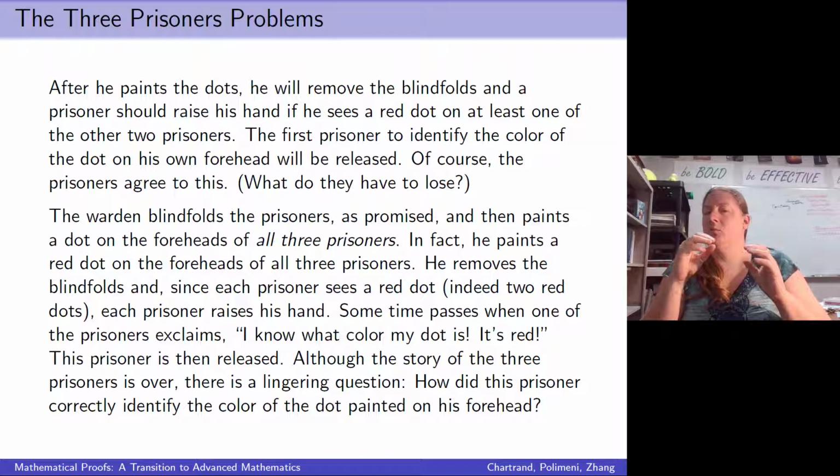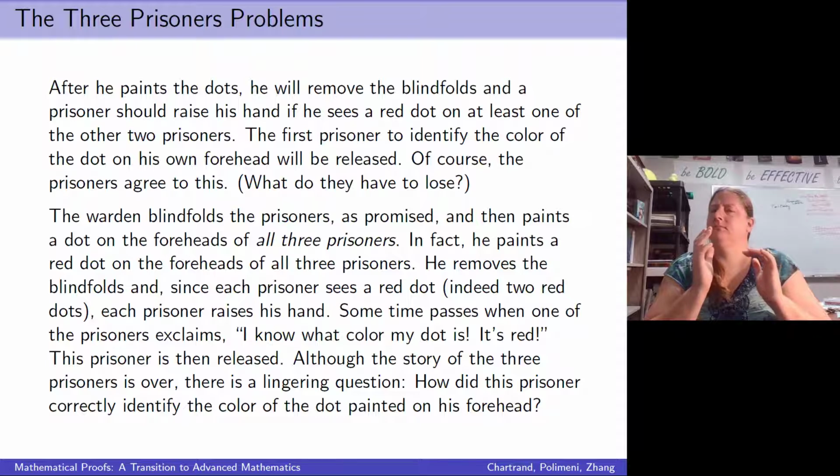So the warden blindfolds everybody. He paints a red dot on all 3 prisoners' heads. He removes the blindfolds. All of the prisoners see a red dot, so they all raise their hands. They actually all see 2 red dots. And then after a while, one of them finally says, I know what color my dot is. It's red. And that prisoner gets to go free.